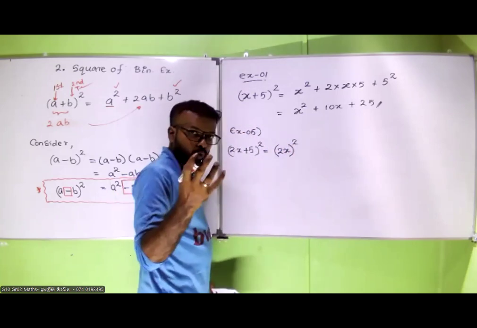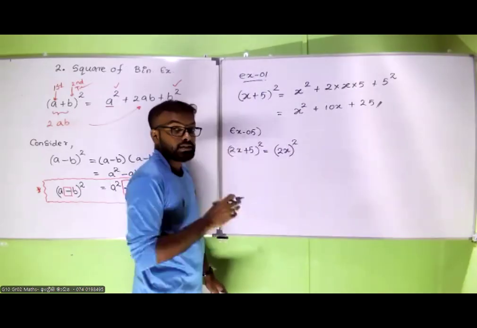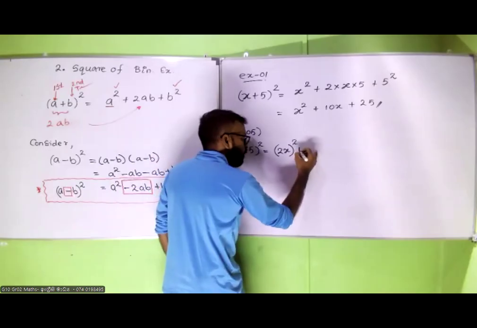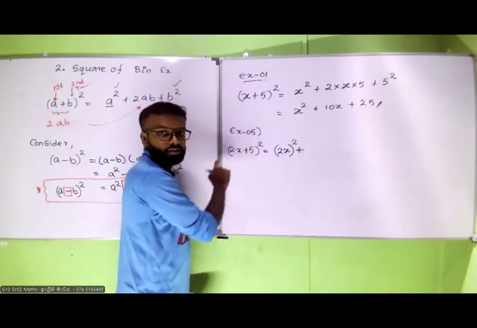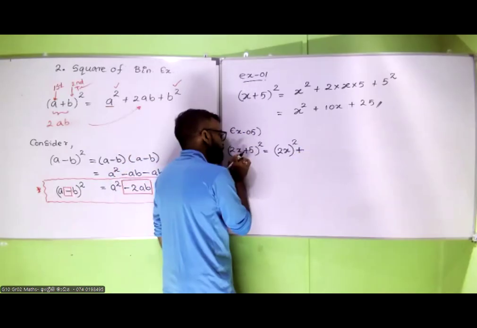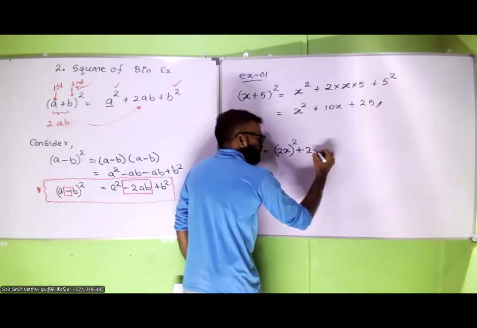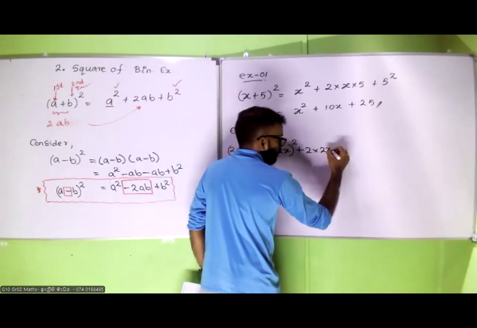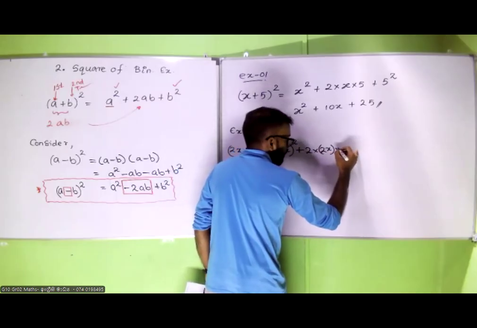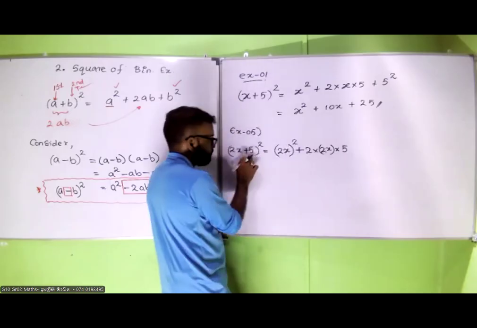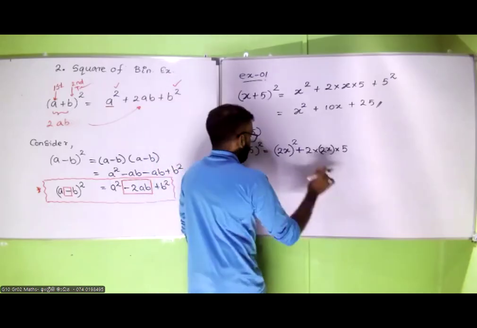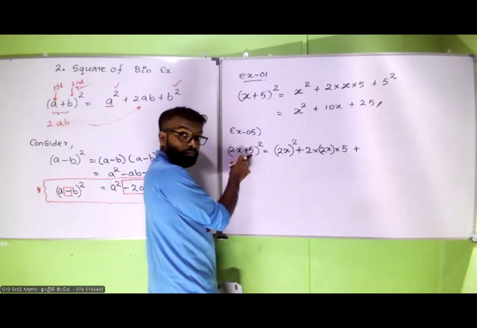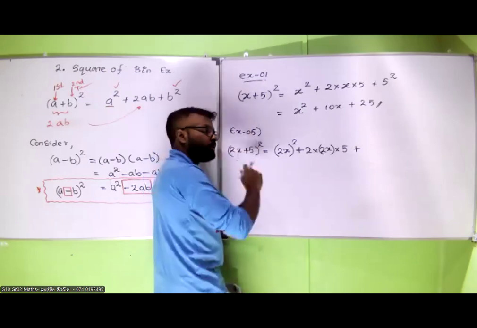If you think of 2x as an apple, apple to the power 2, plus, because this is plus, then 2 times 2x into 5, then plus the term 5, get the square.